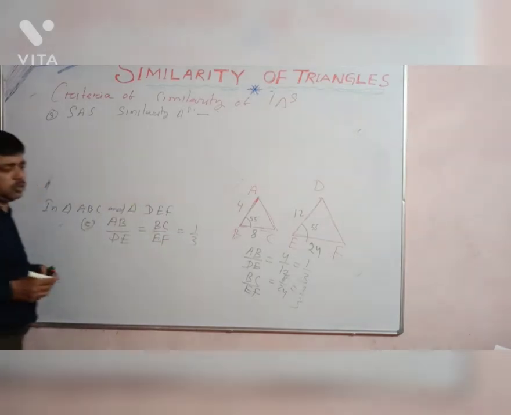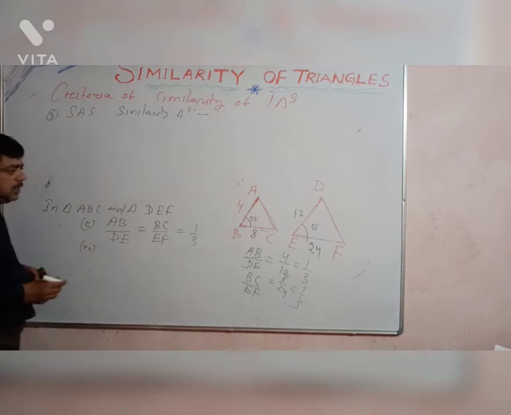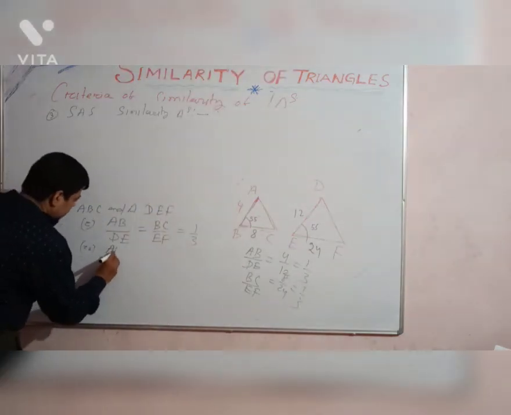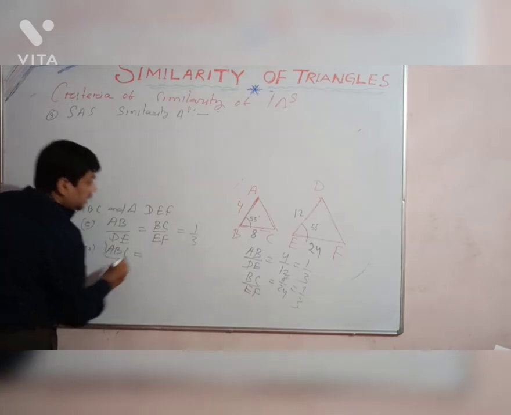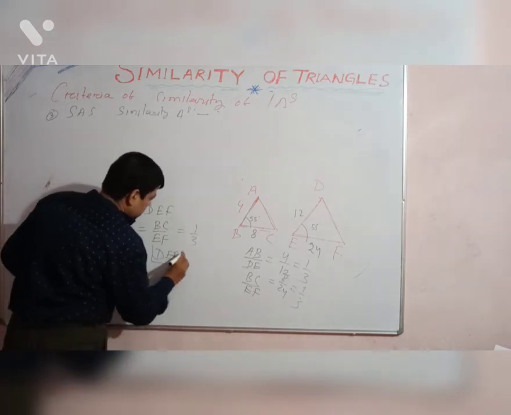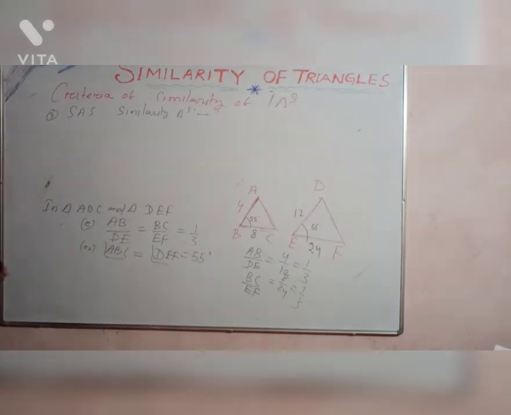The ratios of the corresponding sides are proportional, and the two sides, AB and BC, have the including angle B, meaning angle ABC is equal to angle E, meaning angle DEF, which is given as 55 degrees. In this case, we can clearly understand the triangles are similar according to the side angle side similarity of triangles.